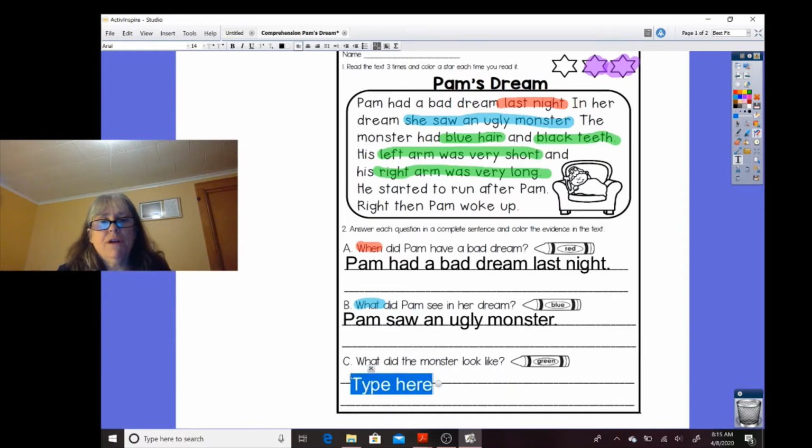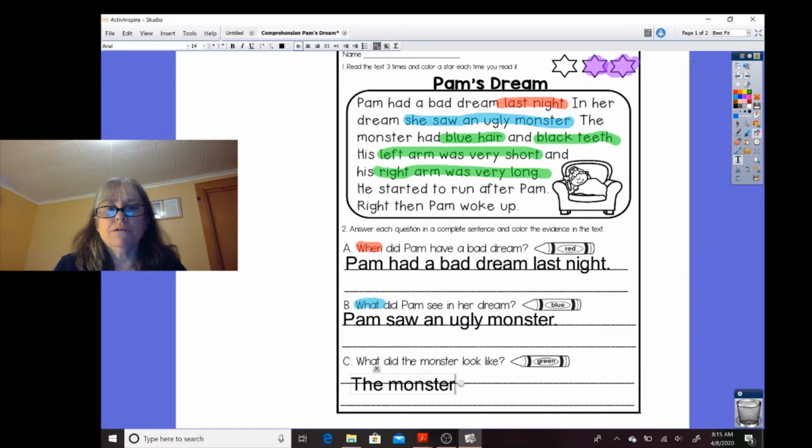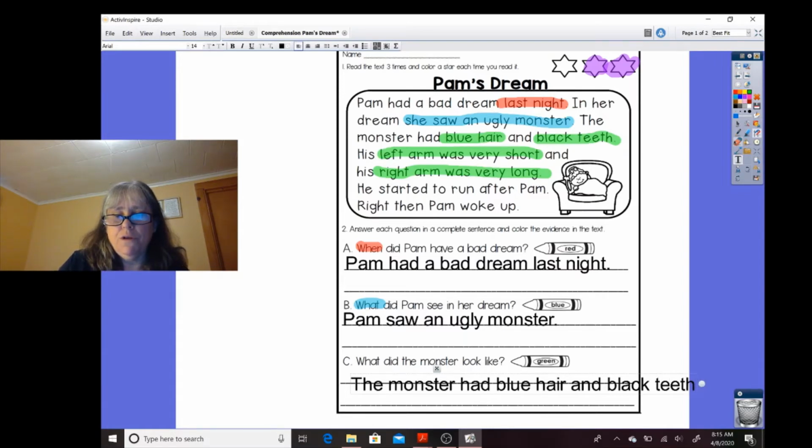So I'm going to start right here, and I'm going to say, the monster, okay, because I know how to spell the, and it has it up here anyway. The monster had blue hair and black teeth. Oops, let me do this.